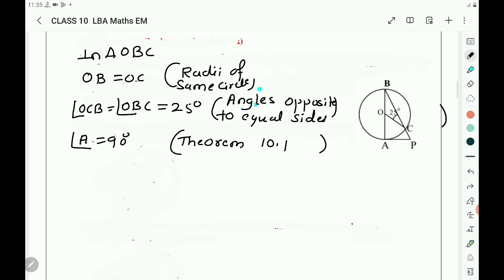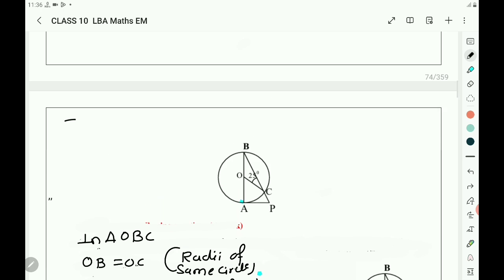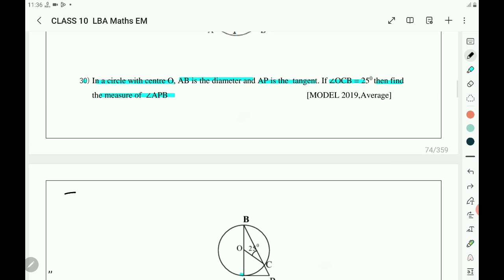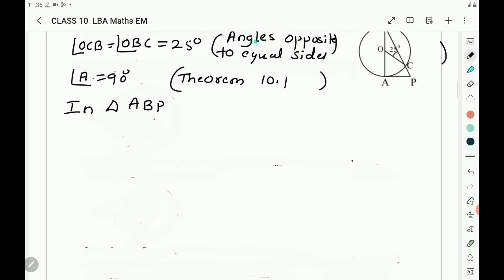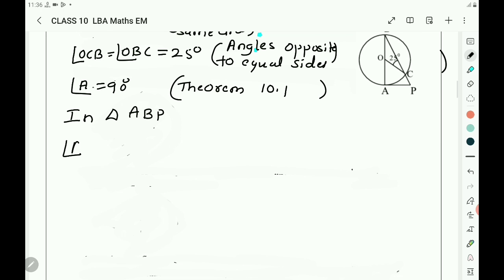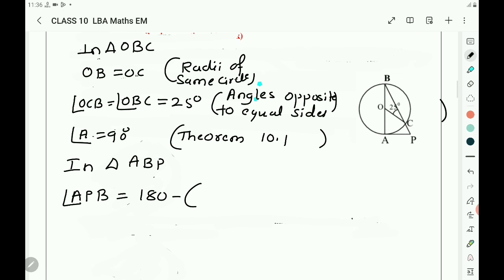Then you write the name of the triangle ABP. In triangle ABP, what do we have to find out? Angle P. Angle APB is to be found out. Write the name of that triangle. Angle APB is equal to what? 180 minus 90 plus 25.